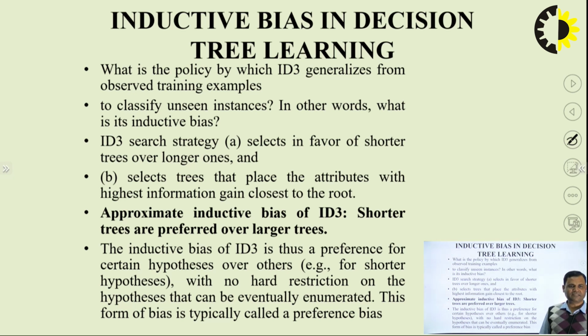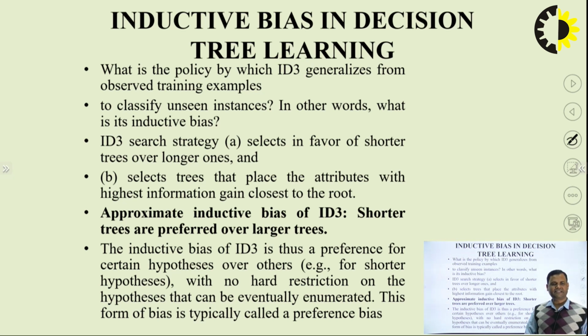The inductive bias of ID3 is thus a preference for certain hypotheses over others, with no hard restriction on the hypotheses that can eventually be enumerated. This form of bias is typically called preference bias, because we are preferring one rule over other rules.